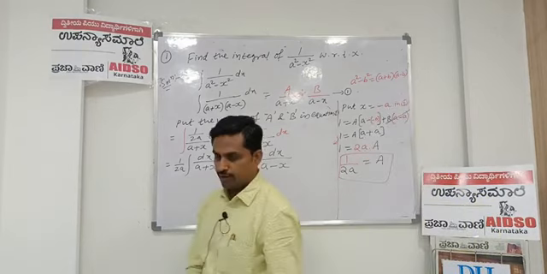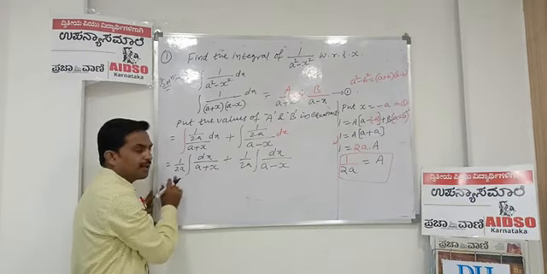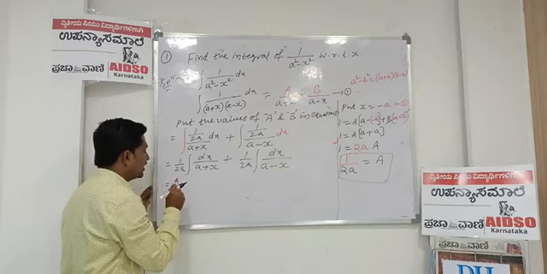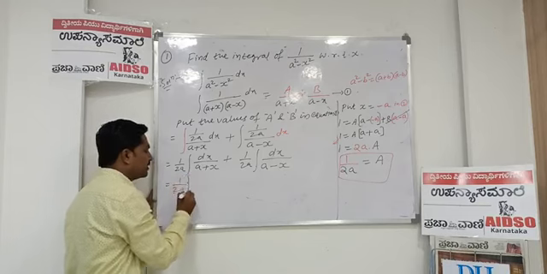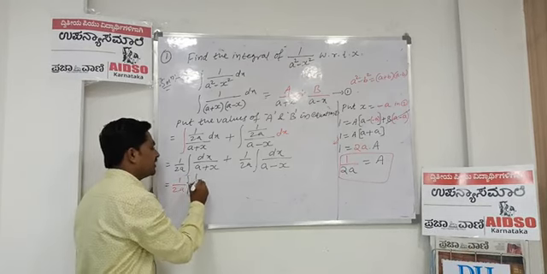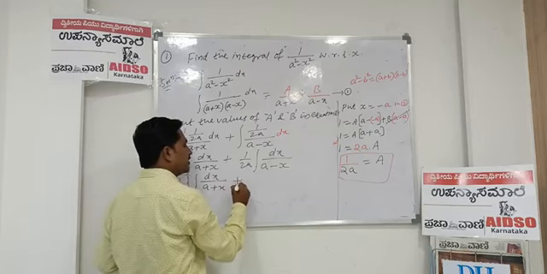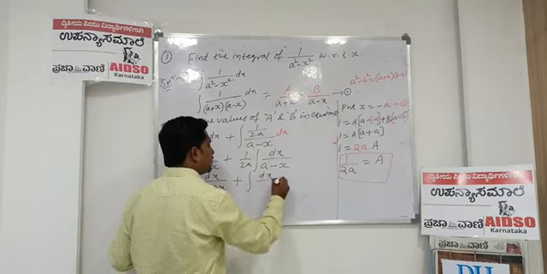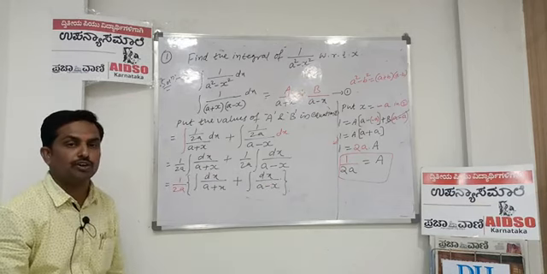Then further it becomes 1 by 2a. Can we take 1 by 2a common here? Of course. So that 1 by 2a we have taken common, then further it remains as integral of dx upon a plus x plus integral of dx upon a minus x. So we have taken 1 by 2a common here.